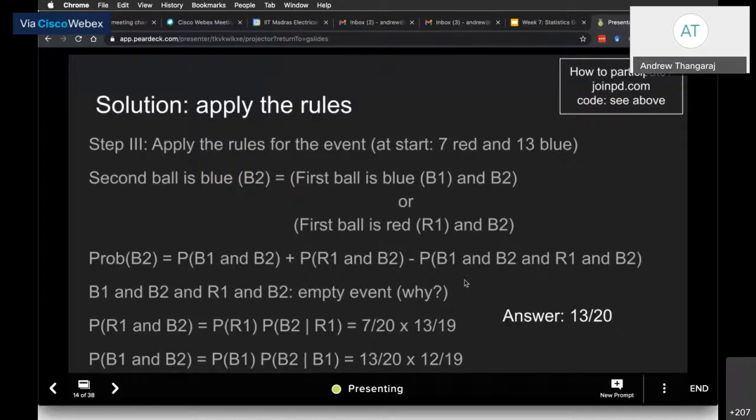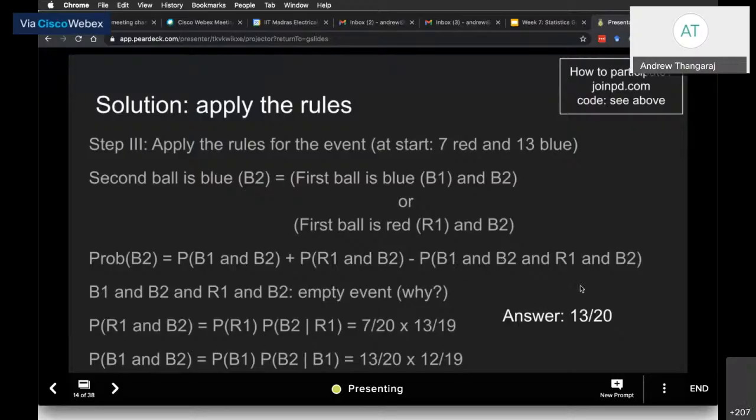Now notice I told you this empty event is sometimes difficult to recognize. This B1 and B2 and R1 and B2 is actually empty. Why is that? This is saying the first ball should be both blue and red. That's not going to happen, right? The first ball is either blue or red. So this is actually an empty event, and you have to be able to identify these empty events. This is very important.